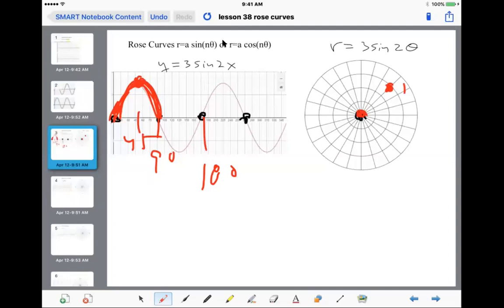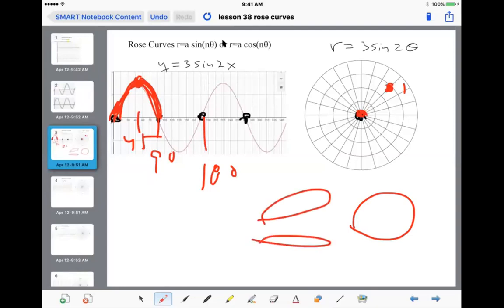Now, there's a lot of kinds of loops I could make. I could make a loop that's kind of like a circle. I can make a skinny loop. There's many widths of loops that are possible.